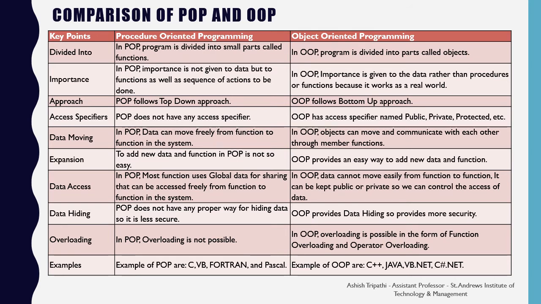In POP, importance is given to set of instructions as they can manipulate data accordingly, but in OOP, data controls the execution of a particular function. For example, when we want to ask the coffee vendor for a coffee, he gives it according to our choice by the same machine.